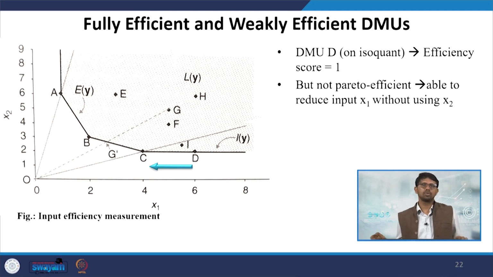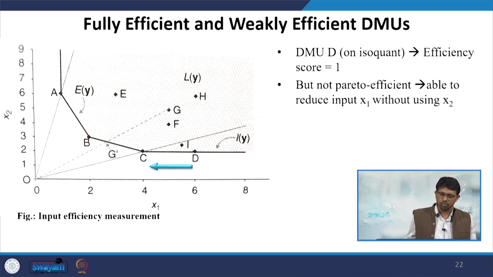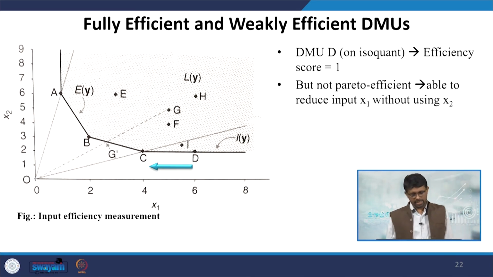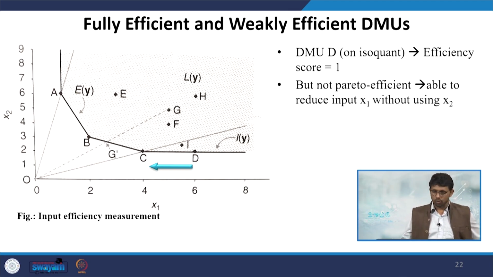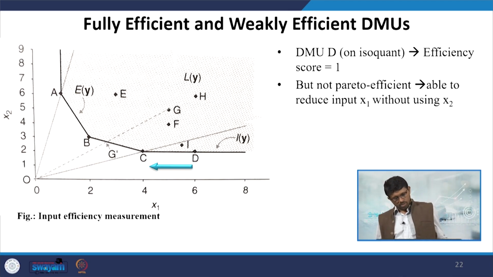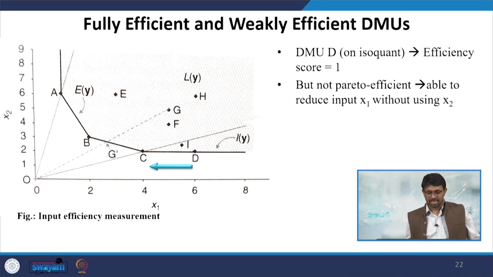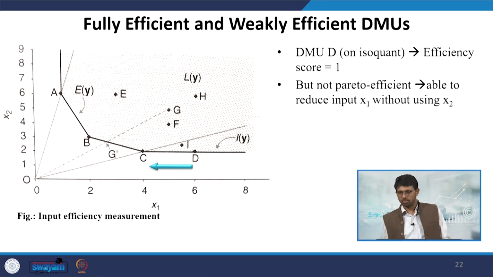We already discussed what are called efficient DMUs and what are called fully efficient DMUs. Again we can see C and D, if you just compare these in the input oriented model. Our input orientation is defining very clearly that C is called a fully efficient score. Okay.